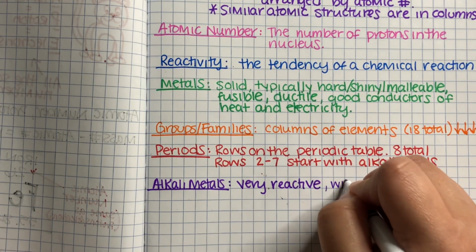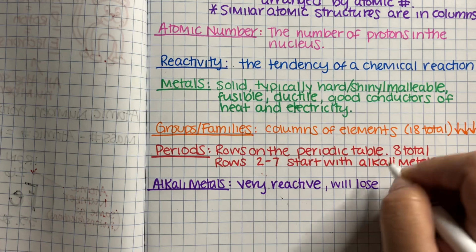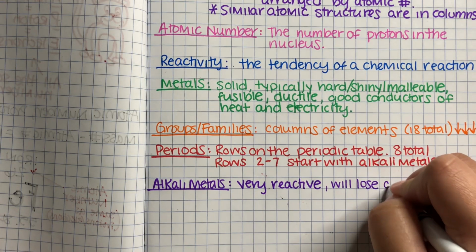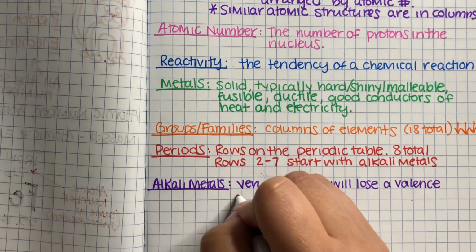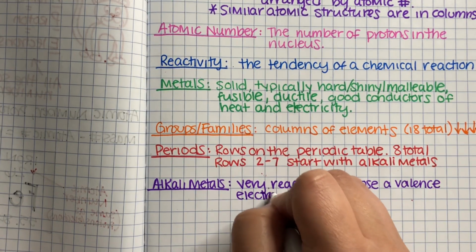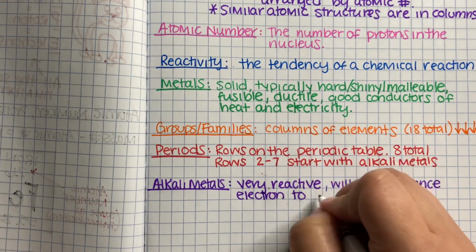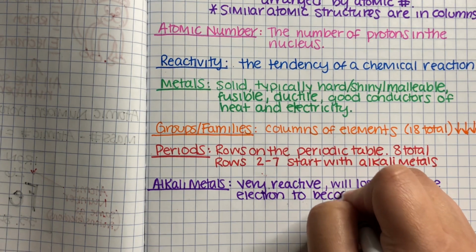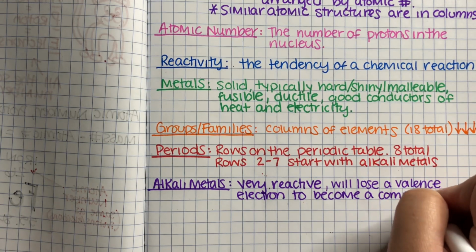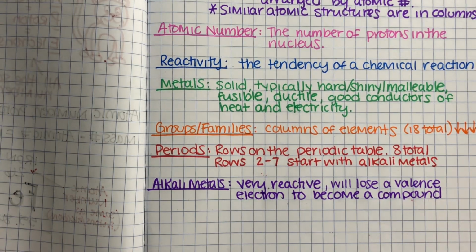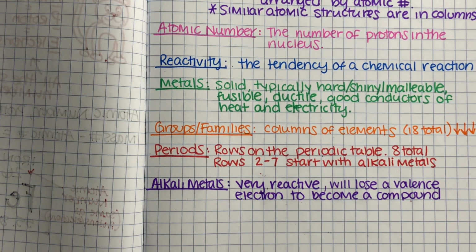They will lose a valence electron to become a compound. And remember, valence electrons are the electrons on the outermost shell. Those are the ones that I said sometimes we can mark with a little star.